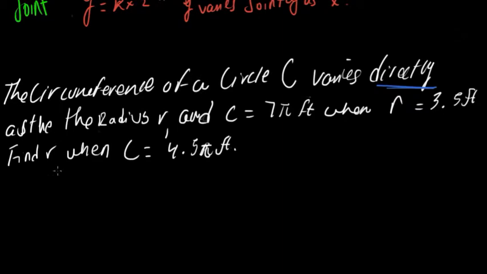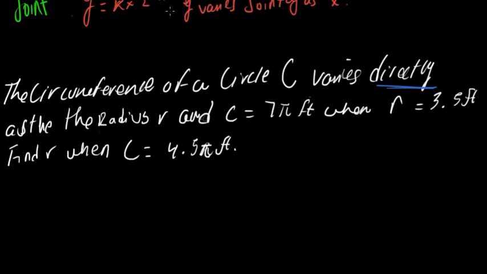Find R when C is equal to 4.5 pi feet. Alrighty, so let's go ahead and do this problem. This is supposed to be a comma. I'm not sure what it looks like to you guys, but it seems like it's coming out wrong. We're just not going to put it.